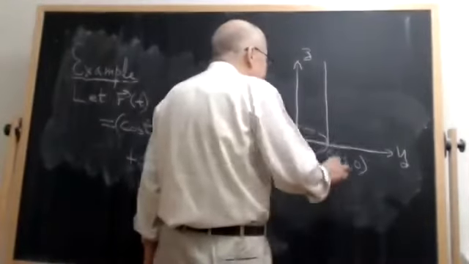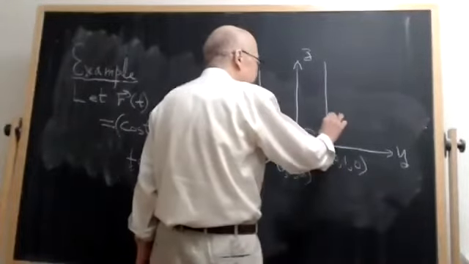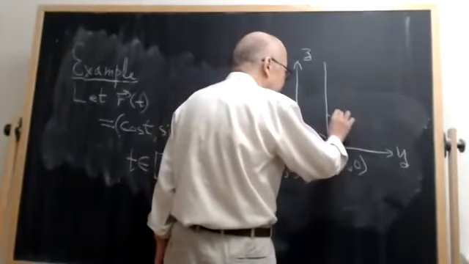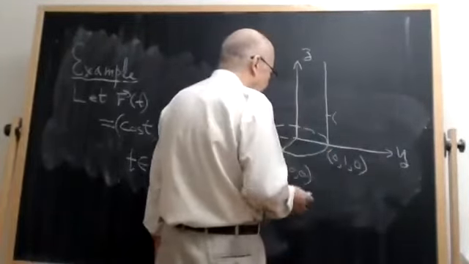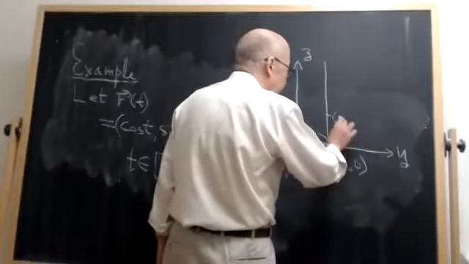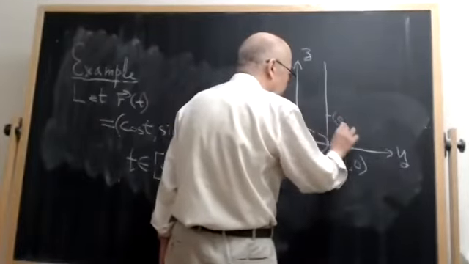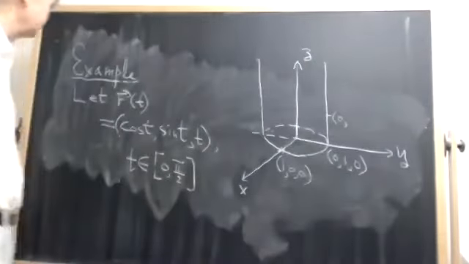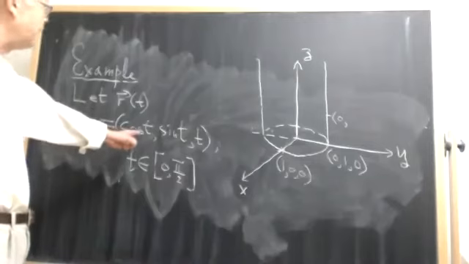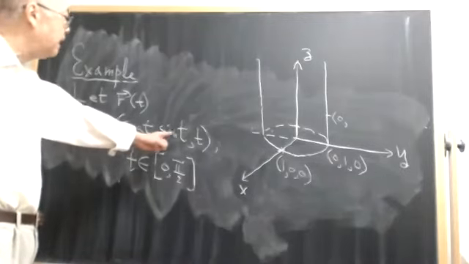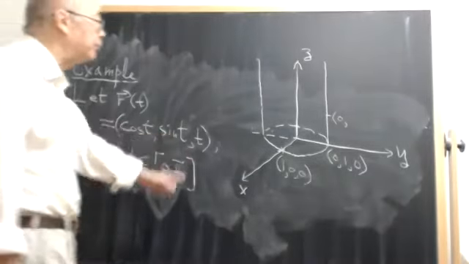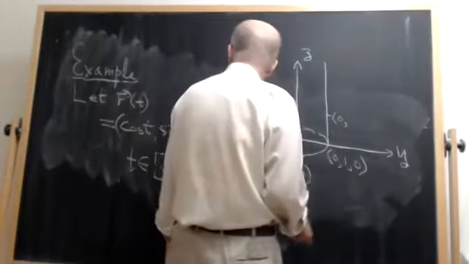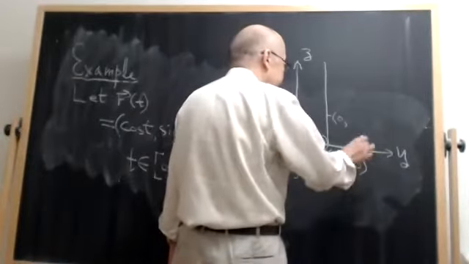So when t is pi by 2, let's say we have the point for x equal to 0, because cosine pi by 2 is 0, sine of pi by 2 is equal to 1.